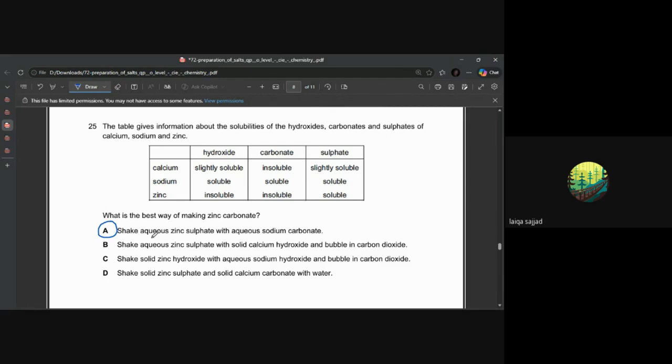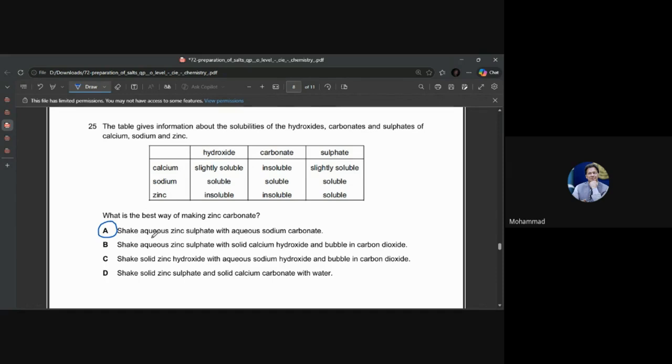Why not B, C, and D? Because the idea is to use the soluble salts.